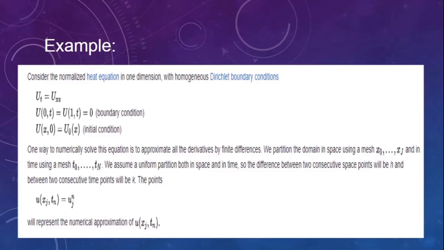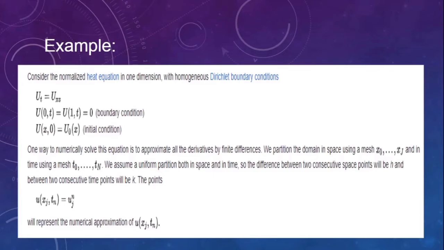Then u(x,0) equals u0(x) as the initial condition. One way to numerically solve this equation is to approximate all the derivatives by finite differences.